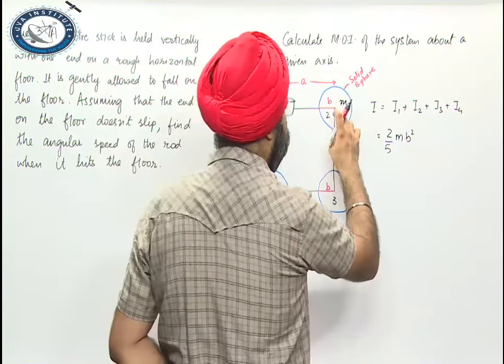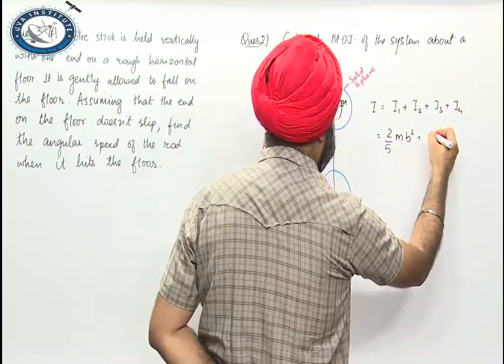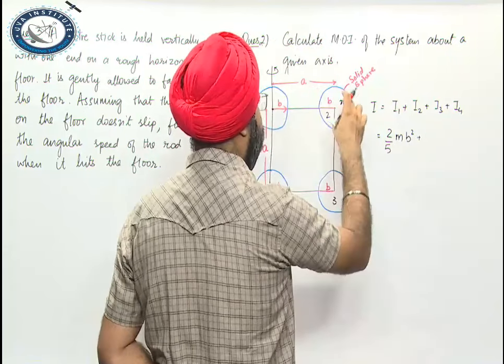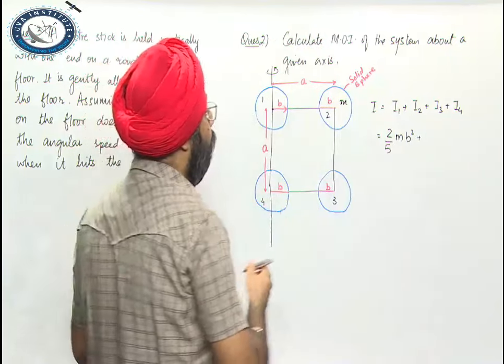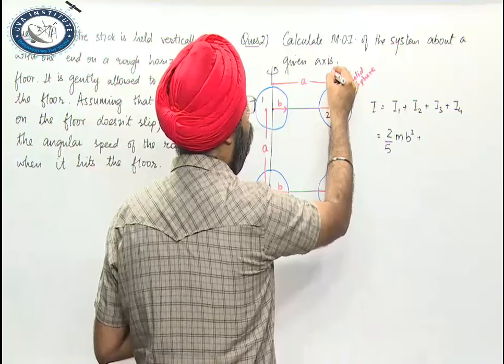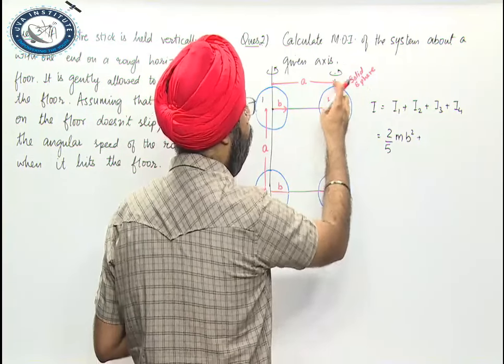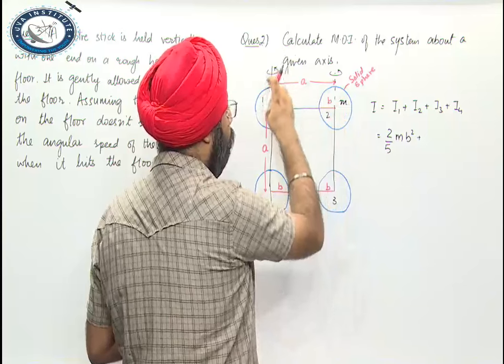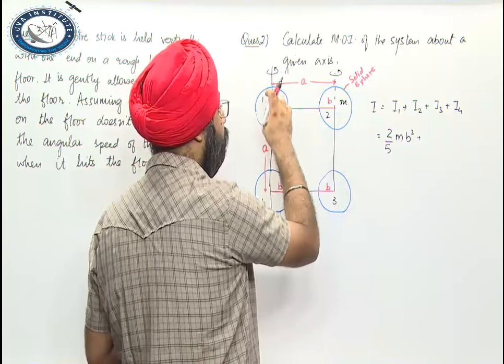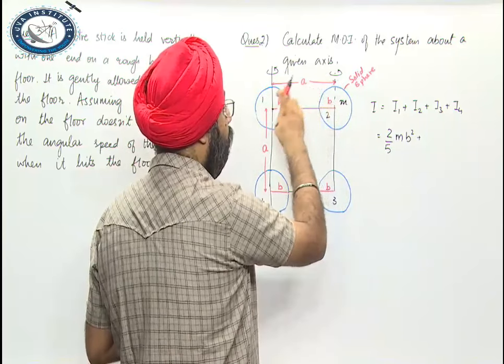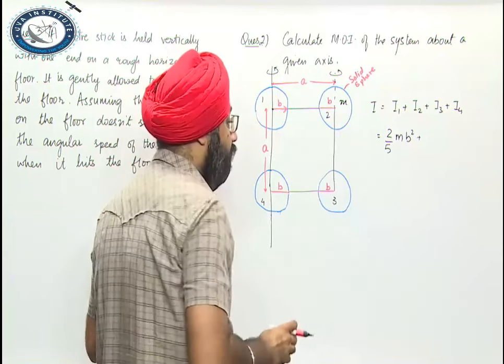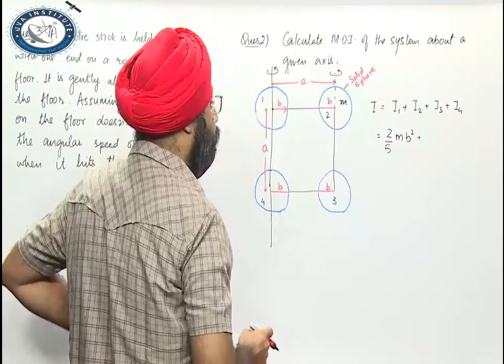About this other axis, I have to use the parallel axis theorem. Why? Because this is the axis about which the moment of inertia is 2 by 5 m b square, and I have to calculate the moment of inertia about this axis which is parallel to it. The perpendicular distance h between the 2 axes is a in this case.